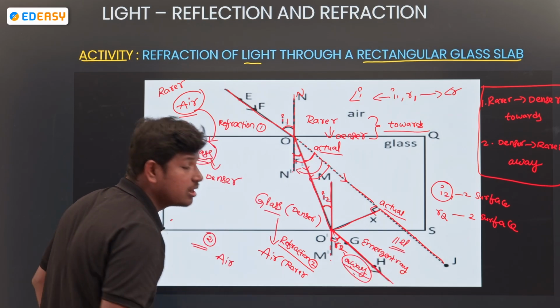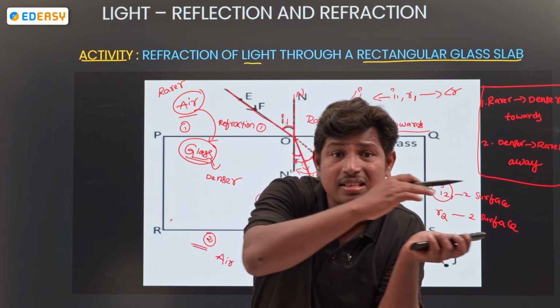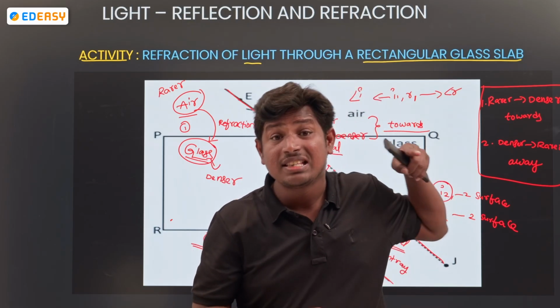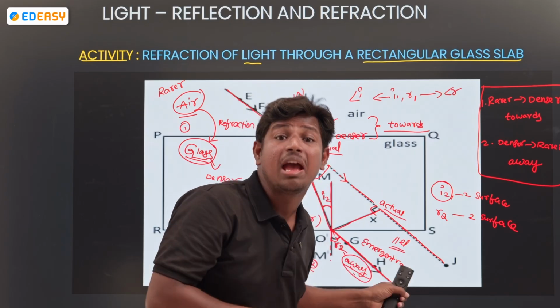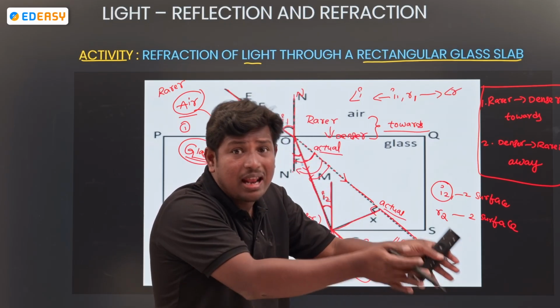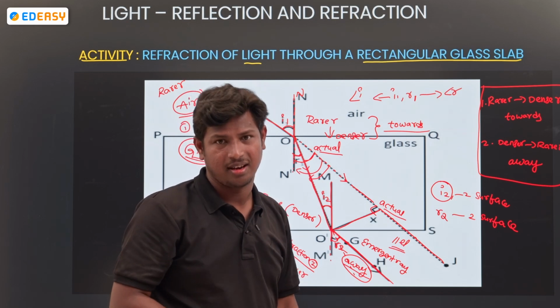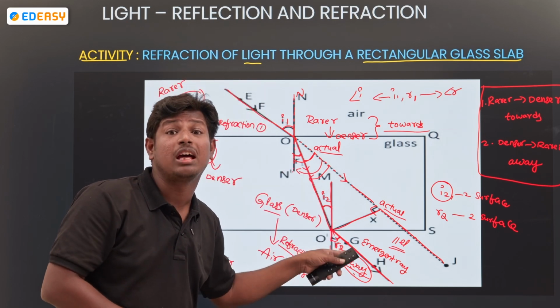Parallel. So it means if a light ray travels through two parallel surfaces, the incident ray and the emergent ray which is coming out are parallel to each other. Clear?